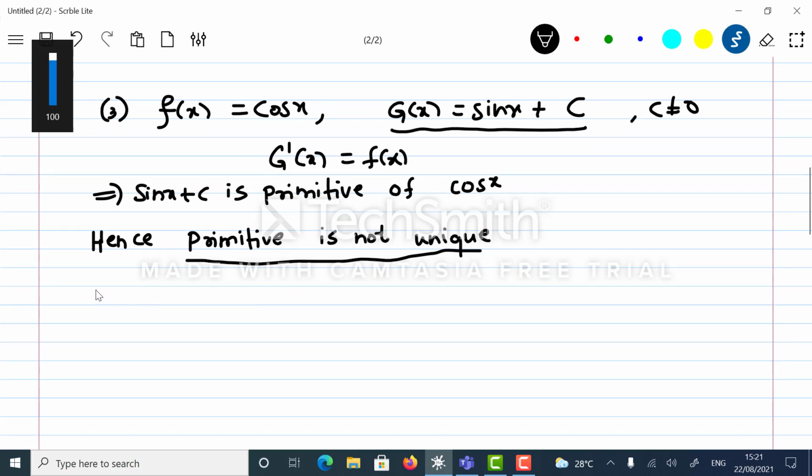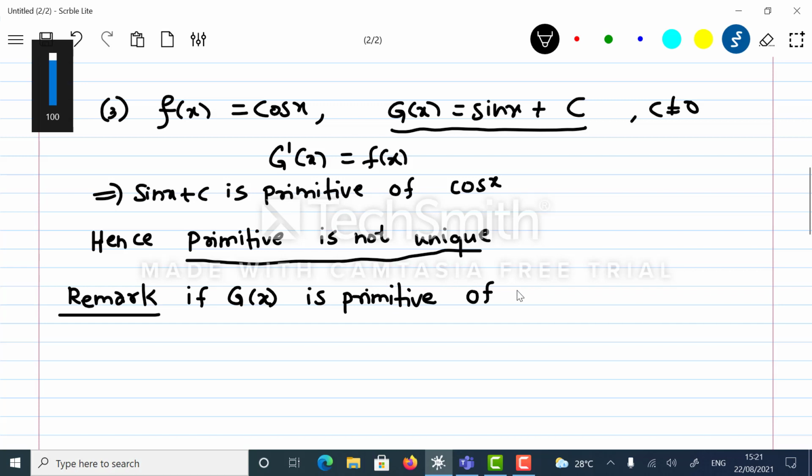In fact, I will write down the remark. If g(x) is a primitive of f(x), then g(x) + c is again a primitive of f(x).